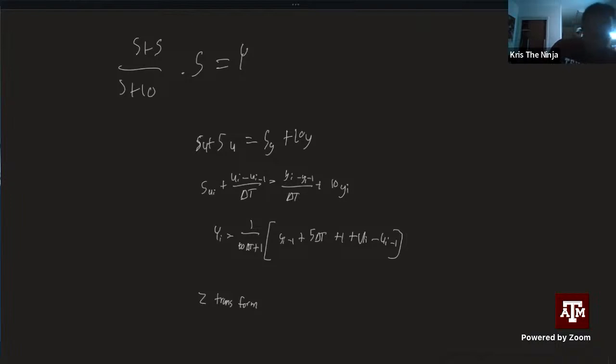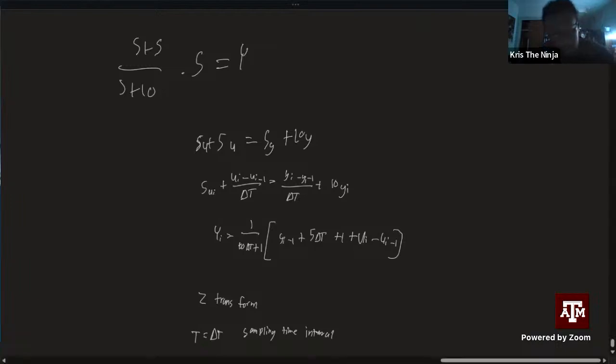So if T is delta t, and that's our sample time interval. F of s, F of t, infinity.